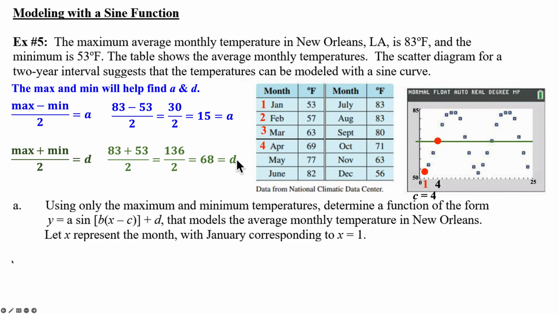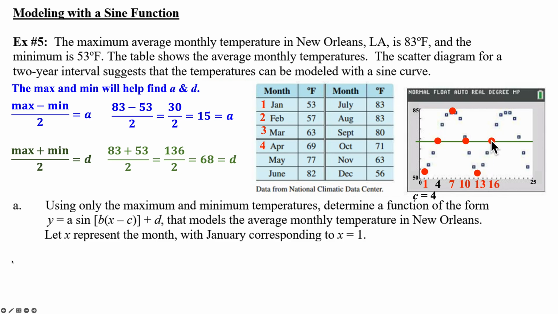We have A, we have D, we have C. Now, as I mentioned earlier, this is the beginning of my sine curve. Here is the end of my sine curve right here. If we count this out the rest of the way, 5, 6, 7, 8, 9, 10, 11, 12, 13, 14, 15, I get to 16.